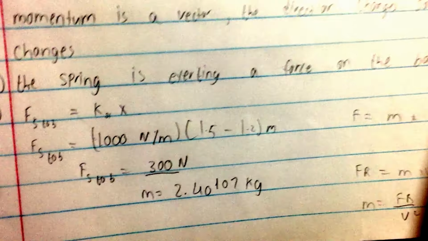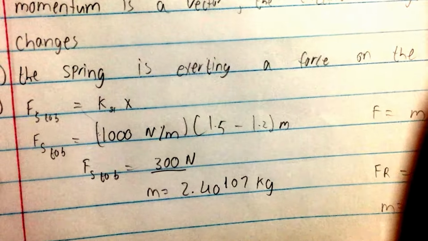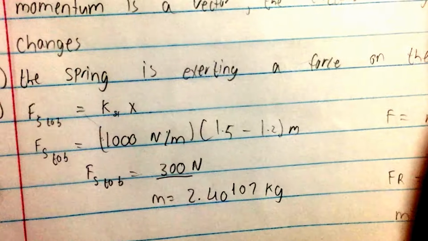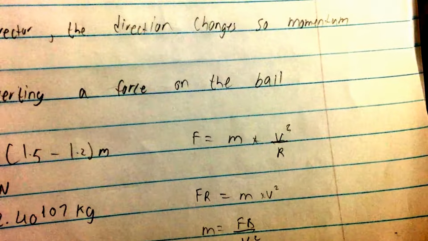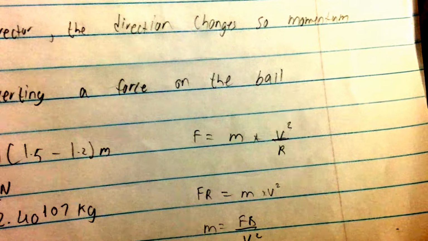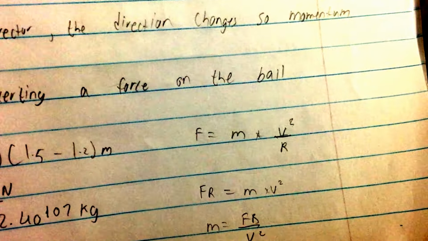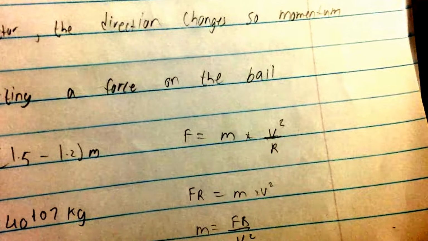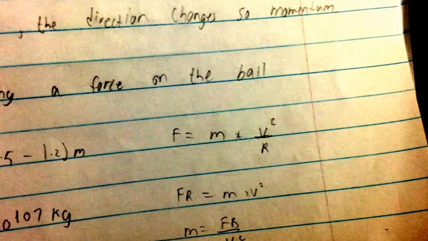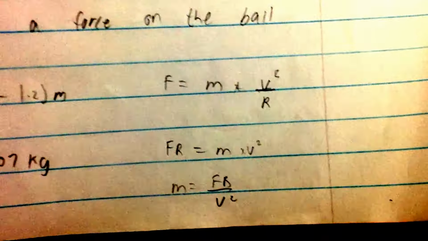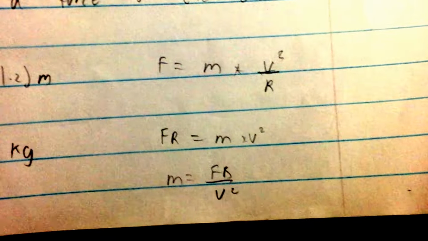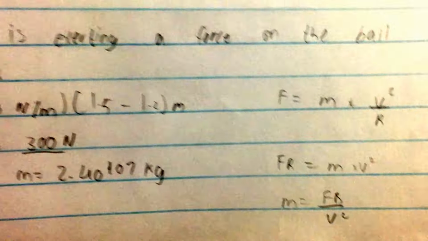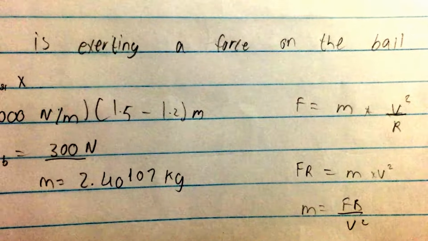Once you find that, you have the force of the spring on the ball, which was 300 newtons. Then you can use F equals m times v squared over r. They gave us both v and r, so you can solve for m: m equals F times r over v squared, and we get a mass of 2.40170 kilograms.